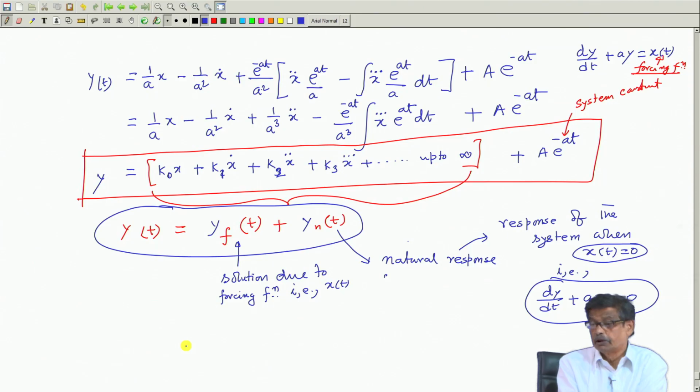But what I am now trying to tell you is to think physically: I now identify that the total solution of the system has distinctly two pieces. One piece depends on the forcing function on the right hand side, and the other part is the natural response when x t is 0. And when x t is 0, the natural response will be like this. That is what we have found. Got the point?